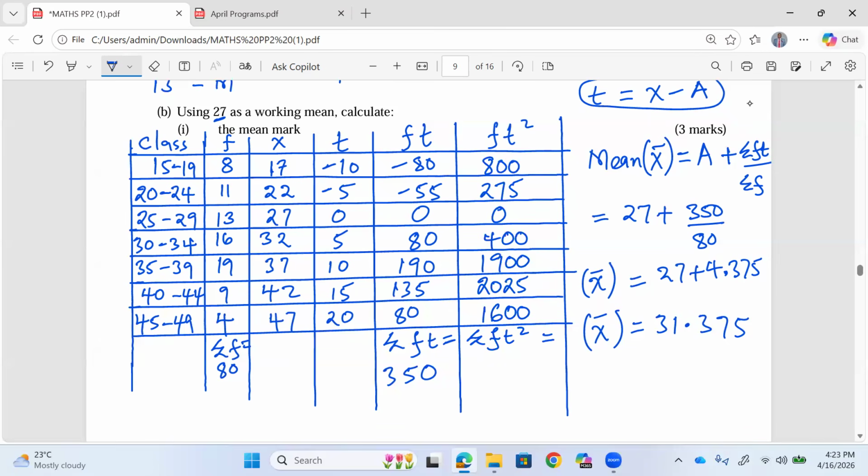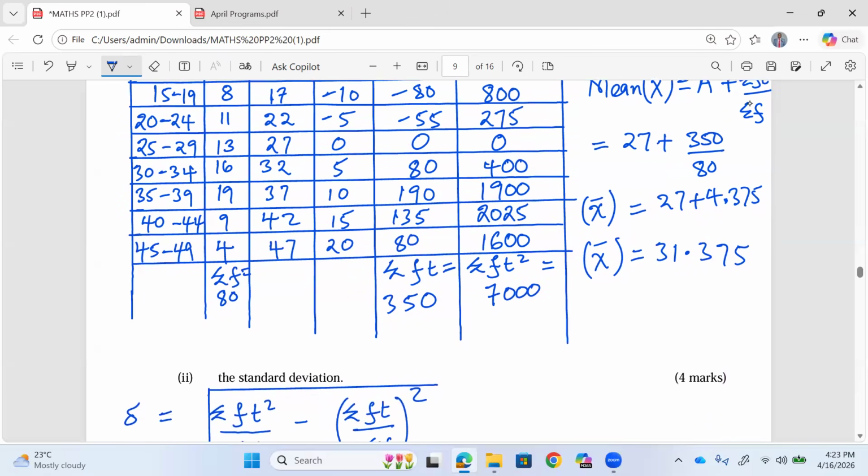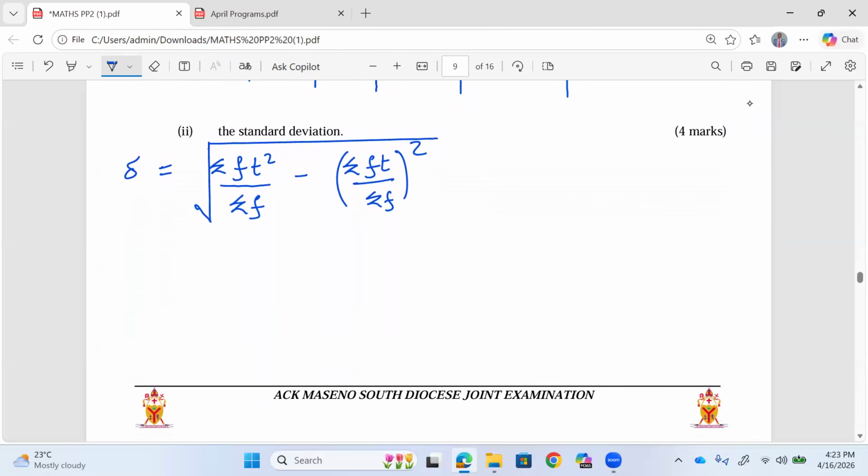Then we are adding 1600. I'm getting exactly 7,000. You can confirm that value. So I'm getting 7,000 confirmed. Now we get to the formula substitution.